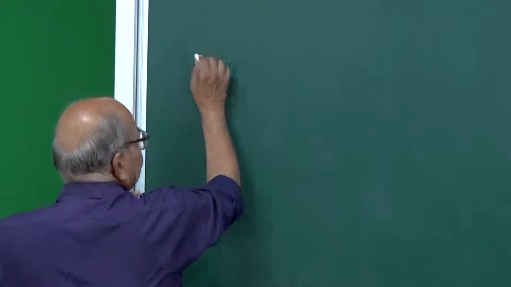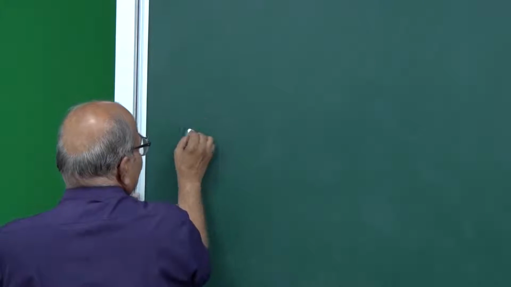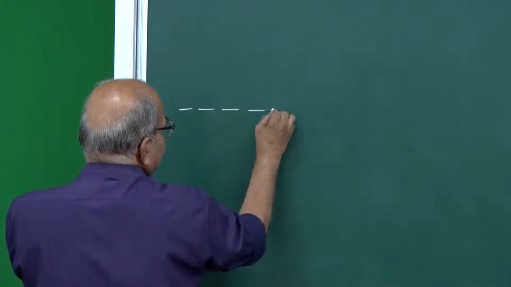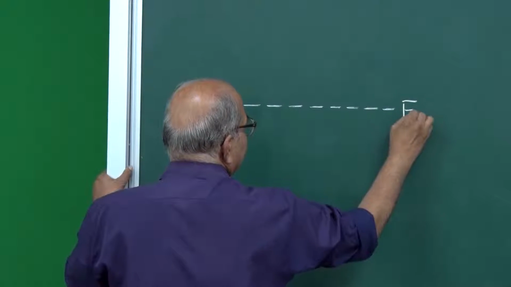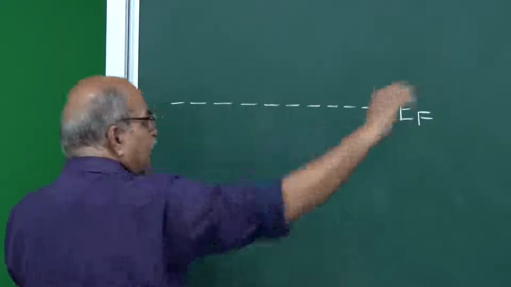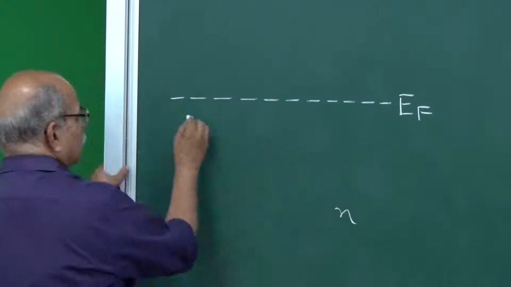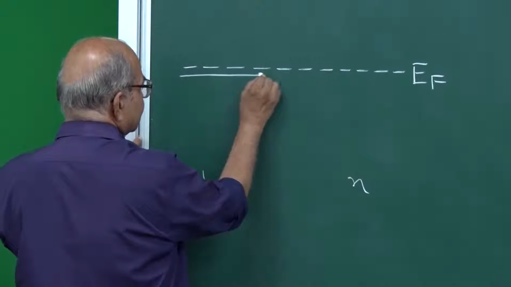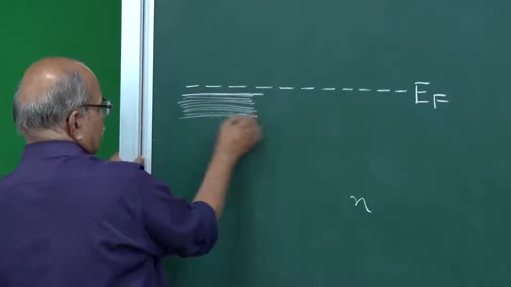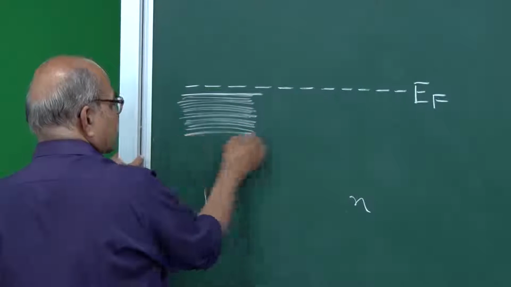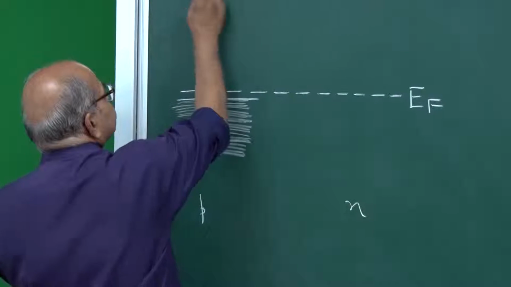Once again, before the cell was applied, you had a constant Fermi energy, Fermi level for entire material. Then this is P side and this is N side. So here the valence band starts here. This was the valence band. The conduction band was here.